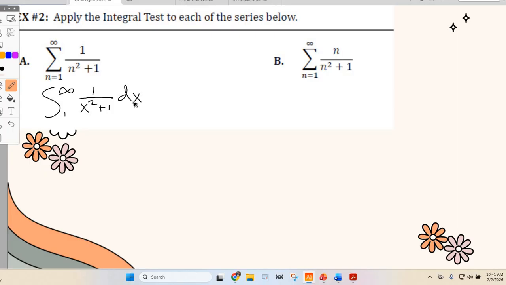So what do I do with that? Cool. So I have the limit as b goes to infinity from 1 to b of my function.